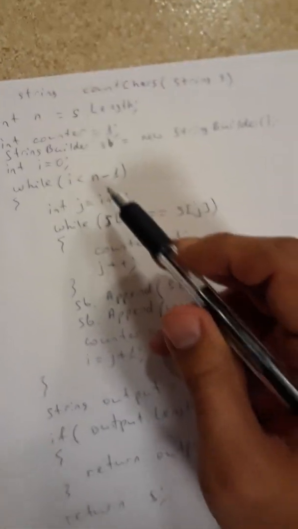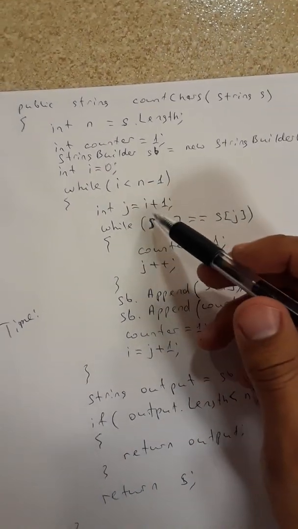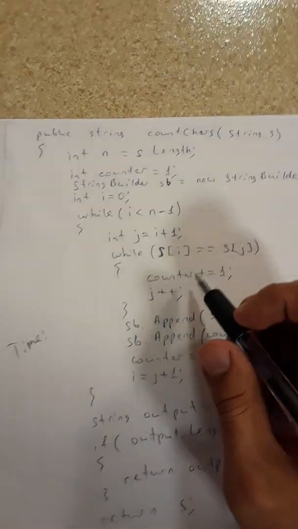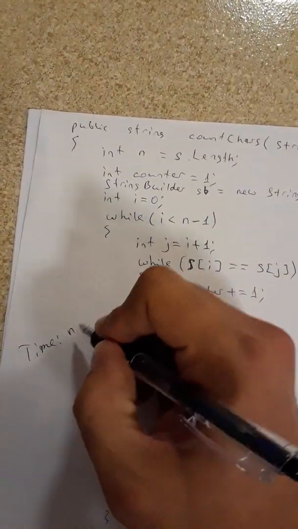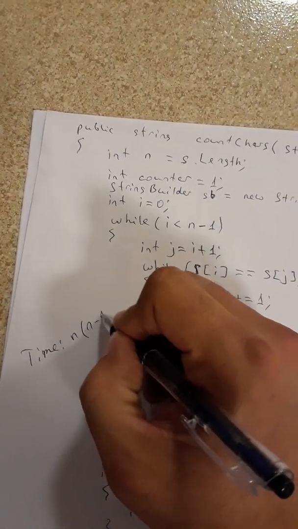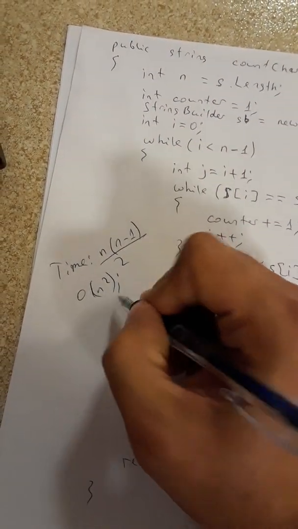So the time complexity: since I'm using two while loops, I will say that the time complexity will be n multiplied by n minus 1 divided by 2, which will make it O of n squared.